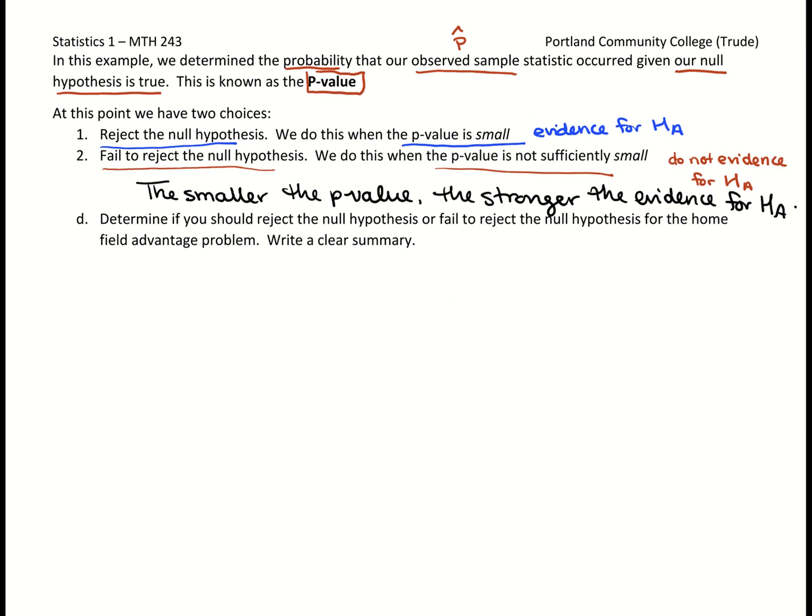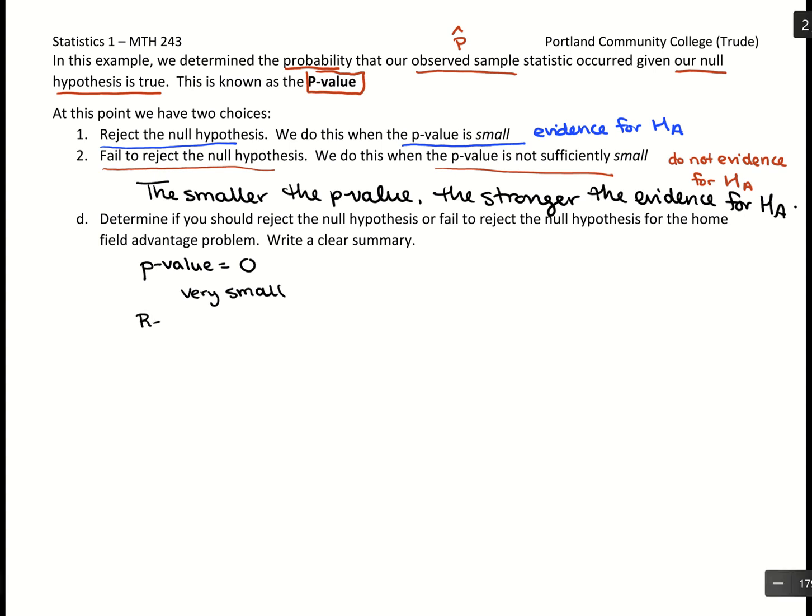So, writing a conclusion for what we found. The key piece of information is that we got a p-value of 0 out, which is very small. It's the smallest p-value. So with that, all of these pieces fall through.